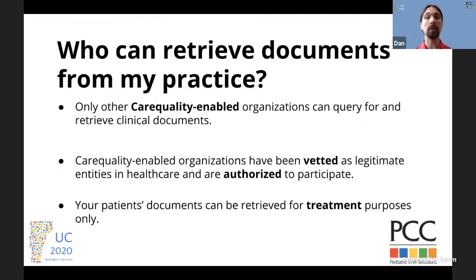The next big thing is who can retrieve documents from our practice. Of course, a huge item to be sure about, because you don't want just anybody with an iPhone taking your patient's protected health information. So it's only Carequality enabled organizations.